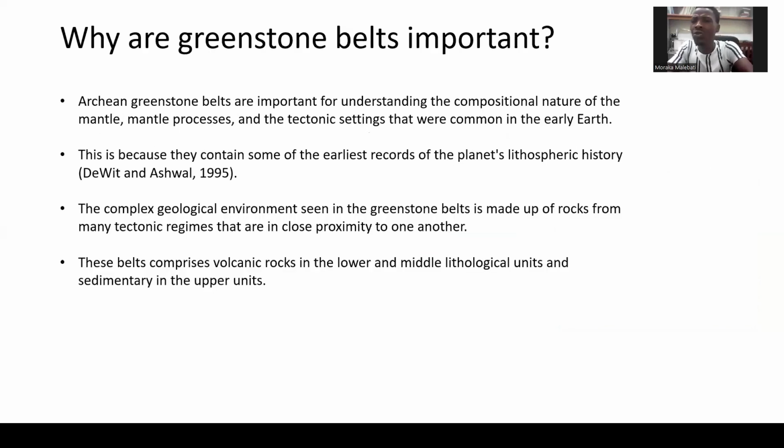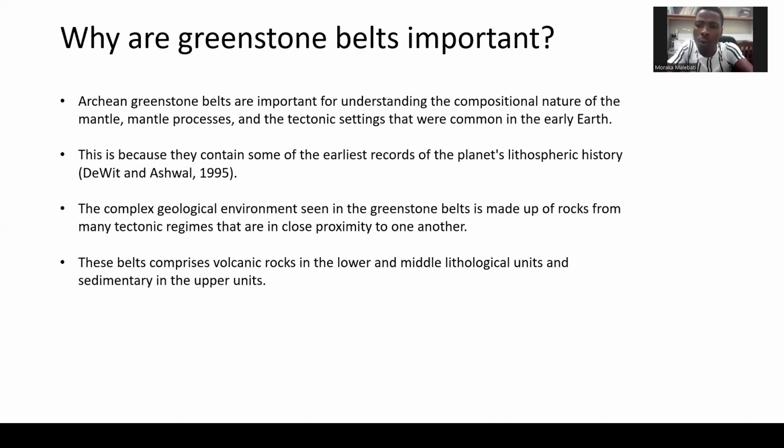Why are these greenstone belts important? The greenstone belts, especially those of Archaean age, are very important in understanding the compositional nature of the mantle processes and the tectonic settings that were common in the early Earth.